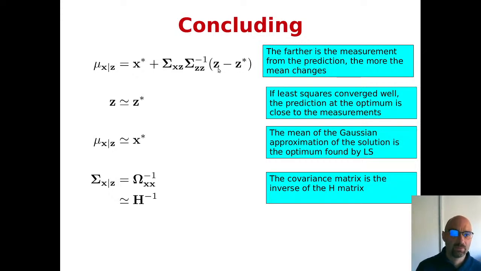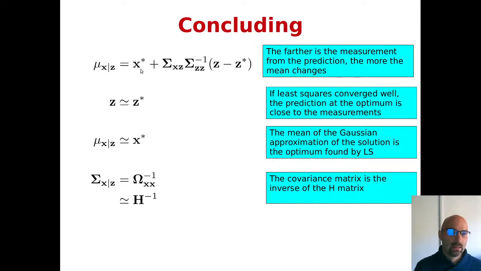But I'm at the optimum, so I can assume that my measurements are very close to the predicted measurement. Plus I have these two matrices here that massage the correction and presumably leverage the contribution of z minus z star to bring it to 0. So I could say that, intuitively, if I am at the optimum, I am in this condition here, where z and z star, so the actual measurement and the predicted measurement, are close.